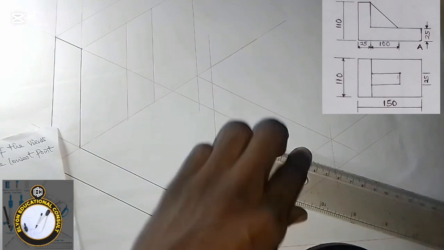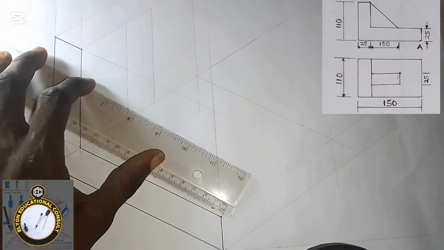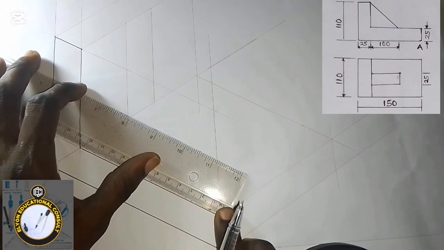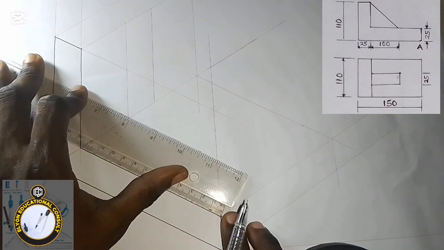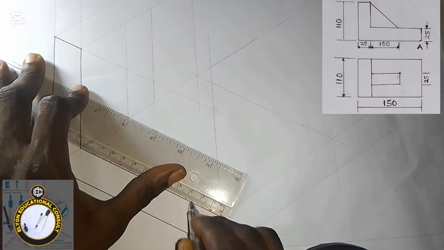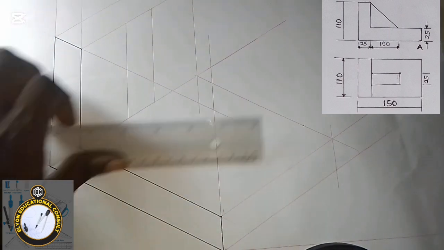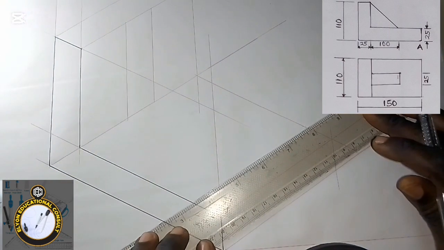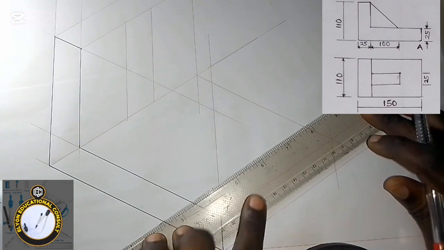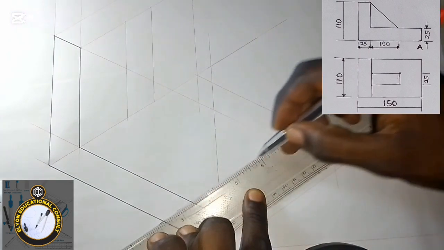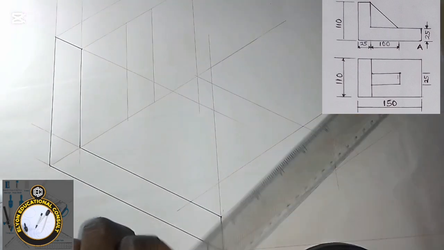Then I can take same here, so I can just connect them together with my thin line. So this is 2.5, so I can just connect those 2 points together. Okay, I hope you can see that now.